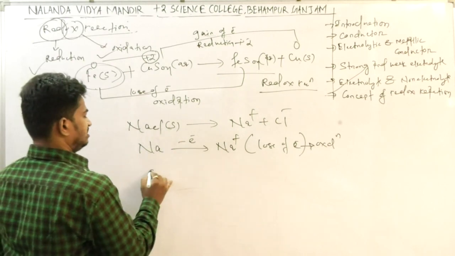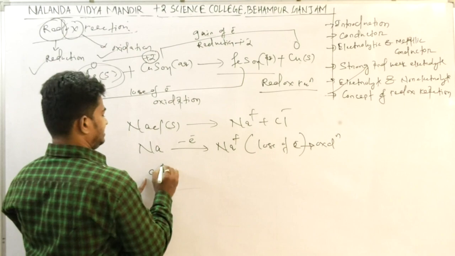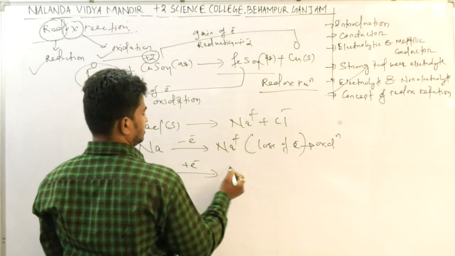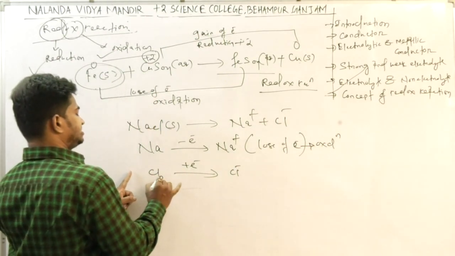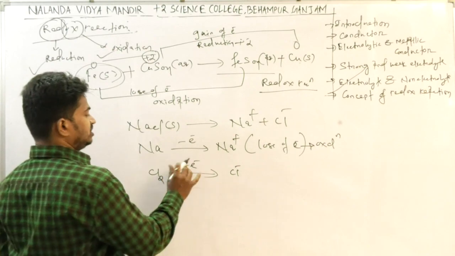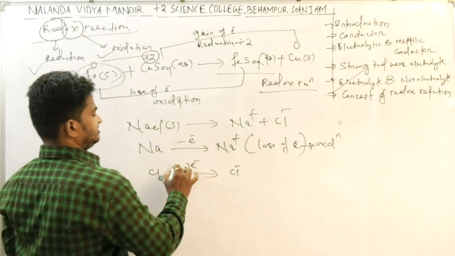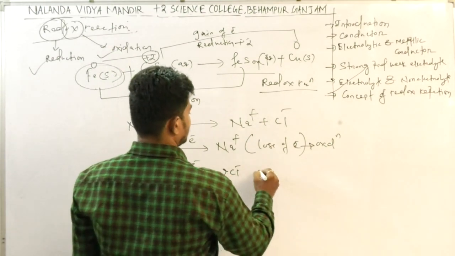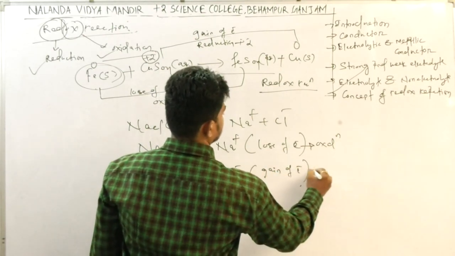Similarly, chlorine gas, generally existing as Cl2, when it gains 2 electrons, gives 2 Cl-. This is gain of electrons, that is reduction.